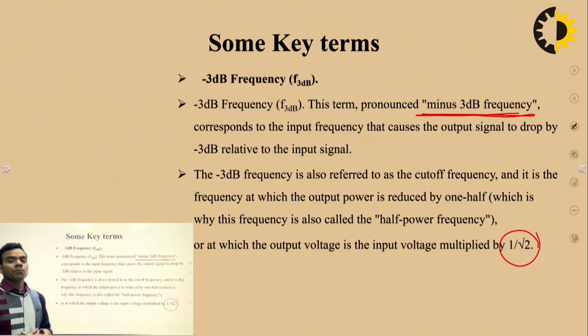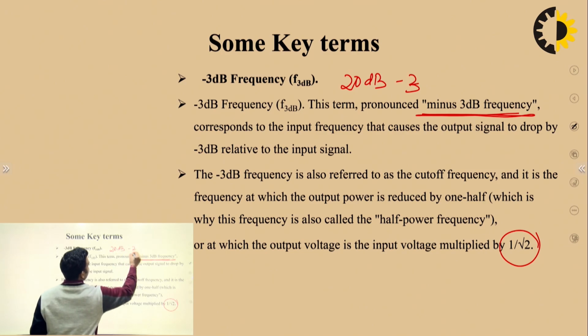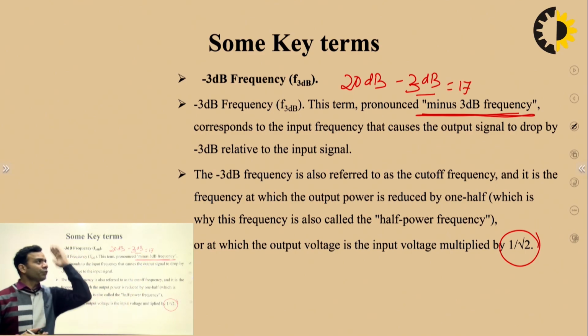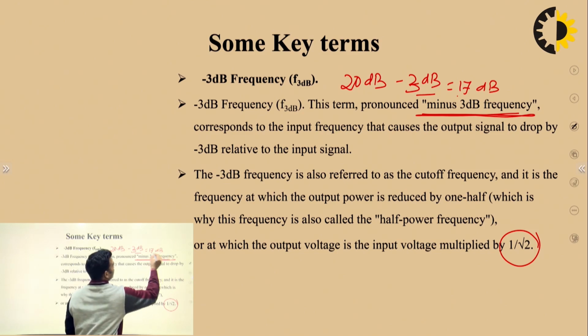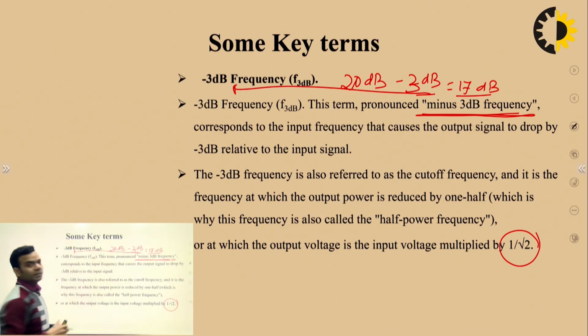That means, for example, if the maximum gain is 20 dB and it is decreased by 3 dB, that means 17 dB. So whatever frequency we get at 17 dB will be the 3 dB frequency. Very simple.